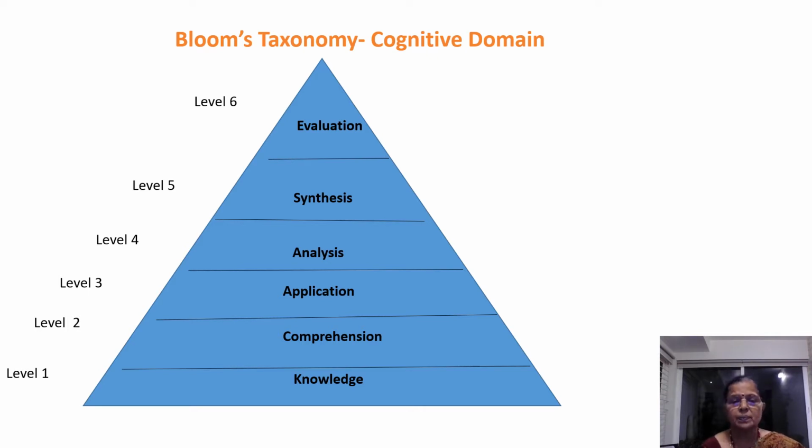And this is the taxonomy he proposed for the cognitive domain. Now we know that the cognitive domain deals with all the activities that take place in the brain. So he grouped the educational objectives under 6 levels, and these levels are in order, in the order of increasing level of complexity.